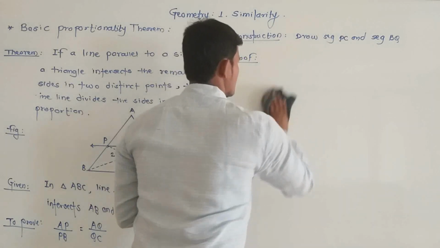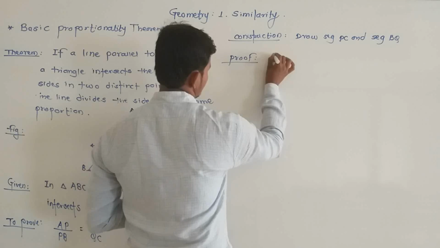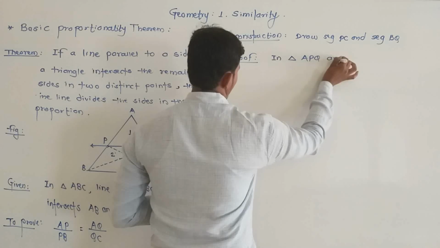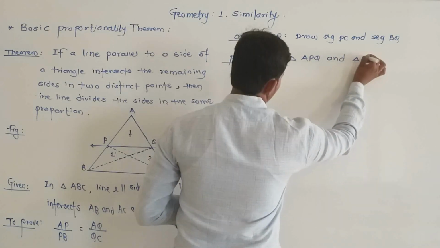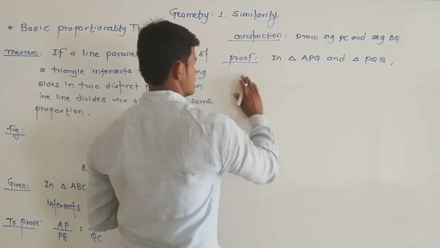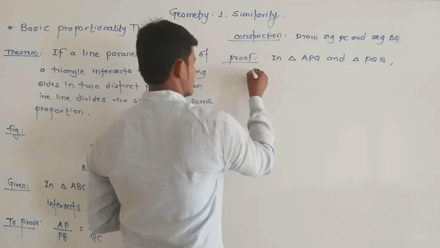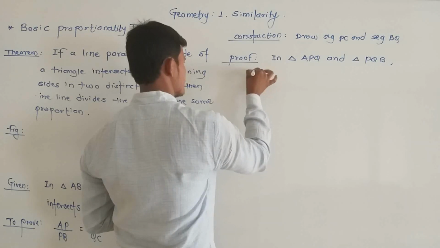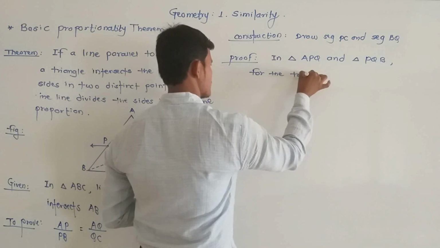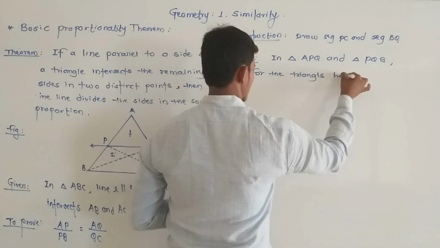So first consider the first pair, that is 1 and 2, that is triangle APQ and triangle PQB.